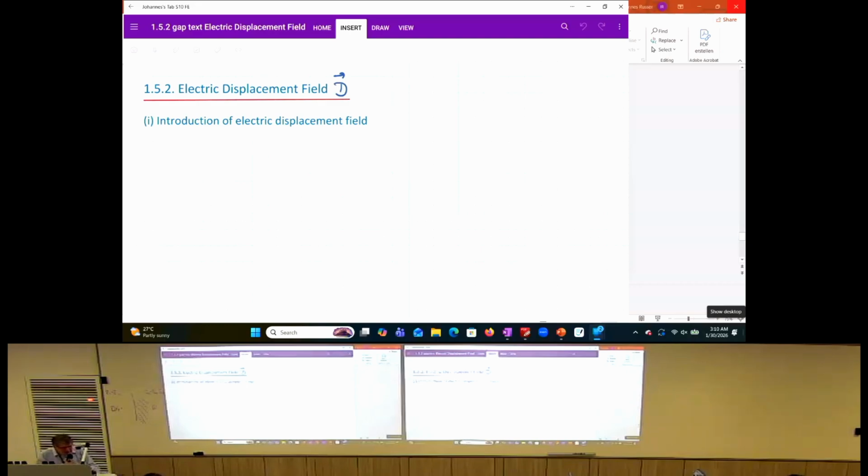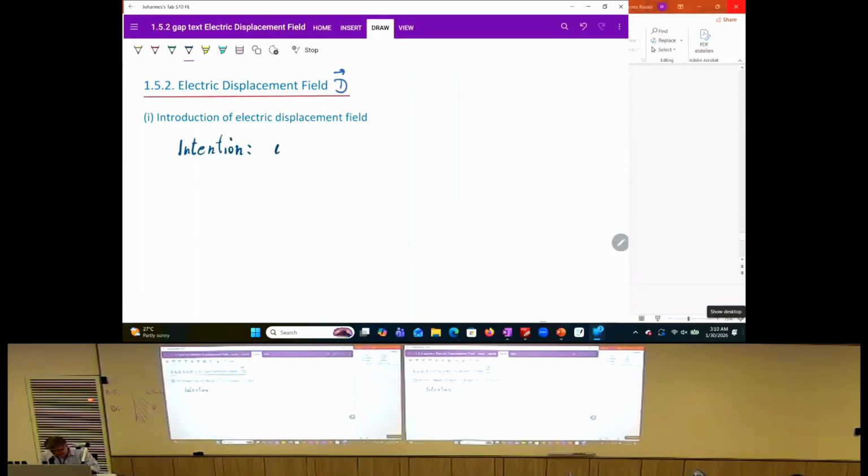So we want a field quantity which is only dependent on the charges involved, but not on the material.